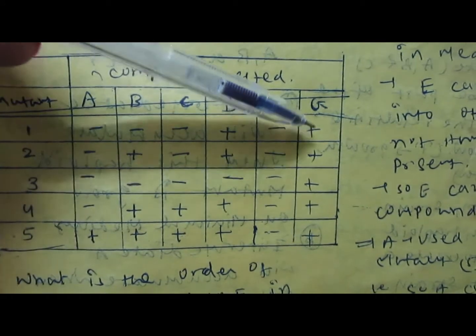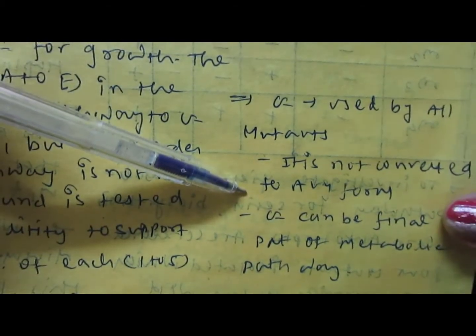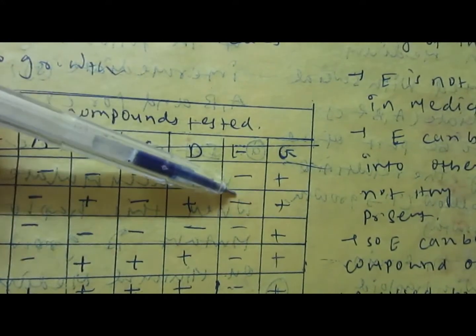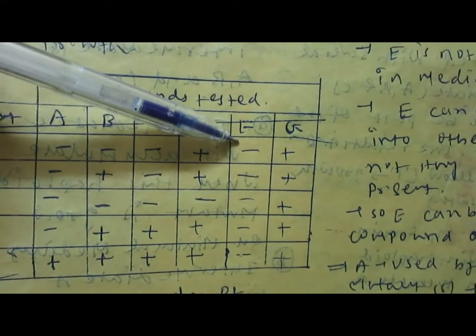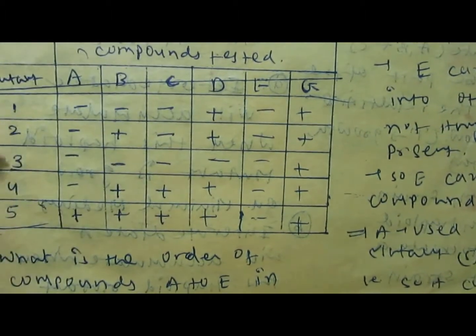From this table we can predict that compound G is taken by all the mutants, so it is present in higher amount. So we can predict that G is the product compound of the metabolic pathway. Then, in the column previous to G, this column is for compound E. From this we can see that compound E is taken by none of the mutants.